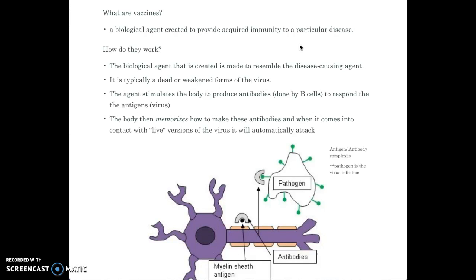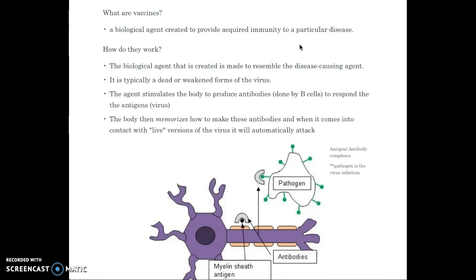Remember, I showed you in the last video how every virus has a very specific shape. Well, these vaccines are made to attack those specific shapes. The biological agent is usually a dead or weakened form of the virus. So basically, when you're injecting a vaccine into the body, you're injecting the actual virus into the body, but it is in a very weakened state, or it's in a dead state.